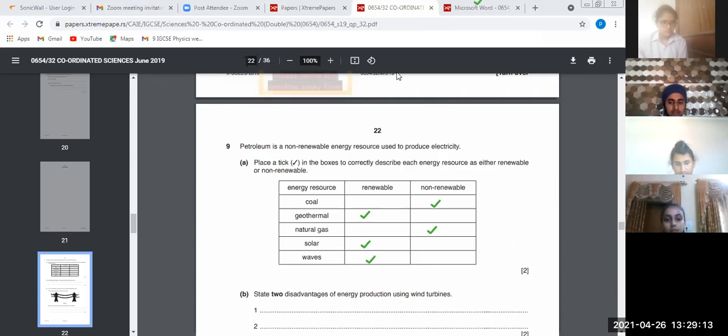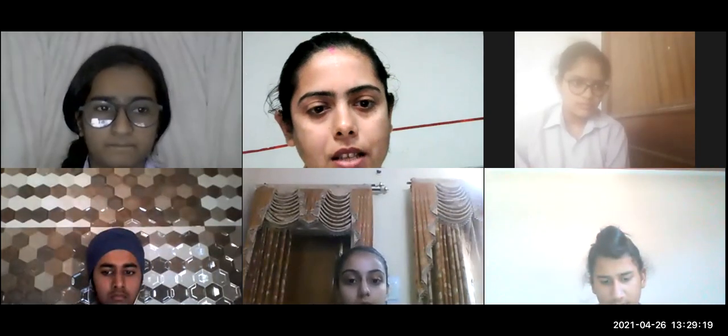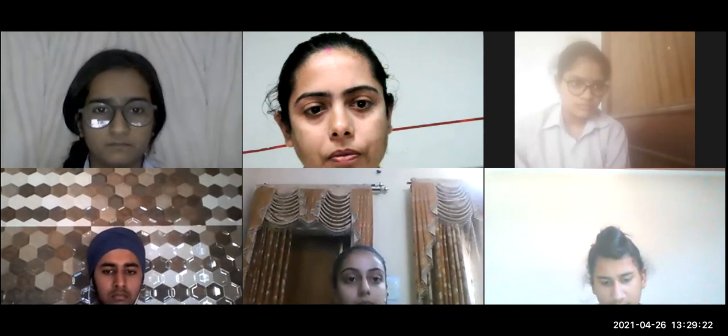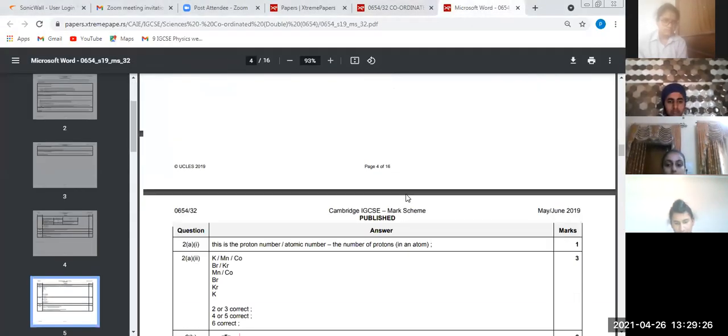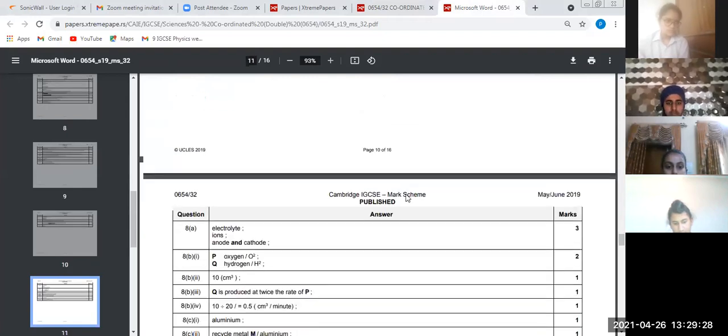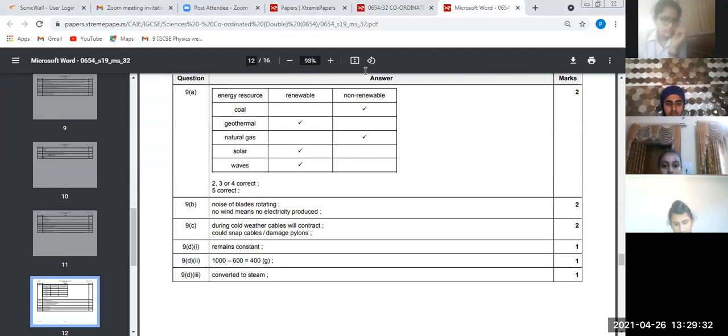Just a minute. Let's see the marking scheme for this question. So this is question number 9. Okay, see the marking scheme.